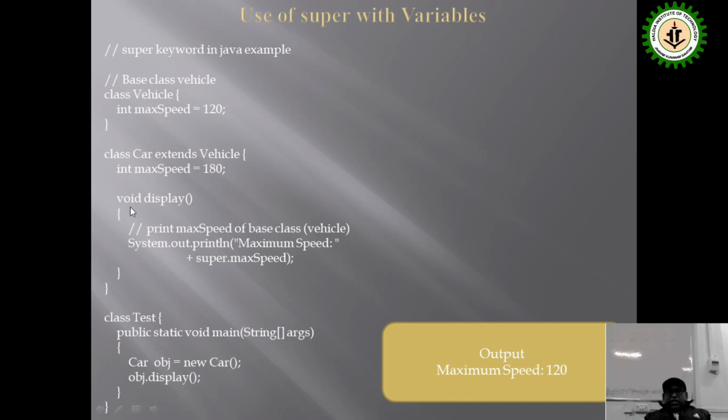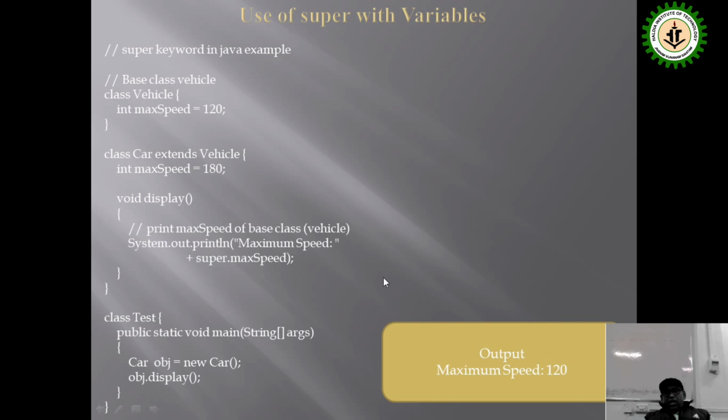Now it has a method named display, and I define the display method with System.out.println maximum speed using super.maxSpeed. If I used only maxSpeed, it would print 180.